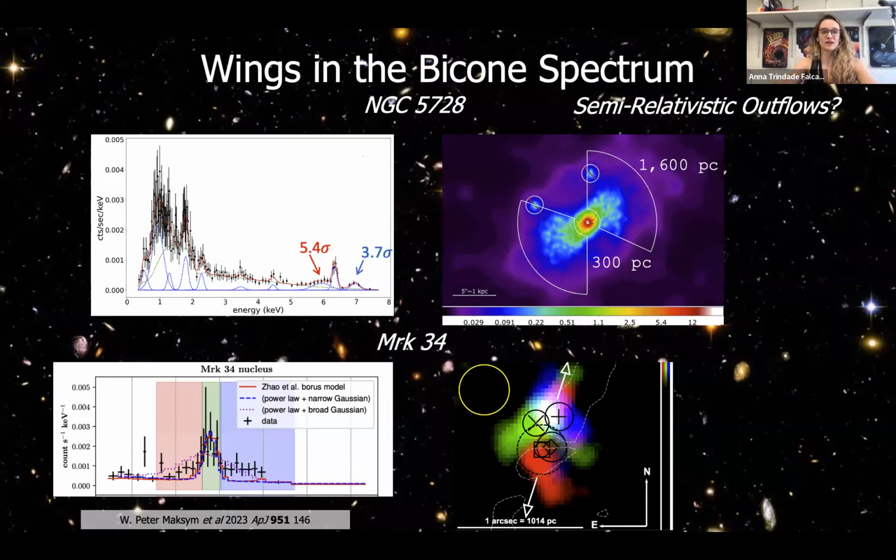And actually, in one of Mike's papers, I think, on NGC 4151, in which he has a HETG Chandra spectrum for NGC 4151, you can see a feature to the left of this iron K alpha line, and it's very prominent in the spectrum.